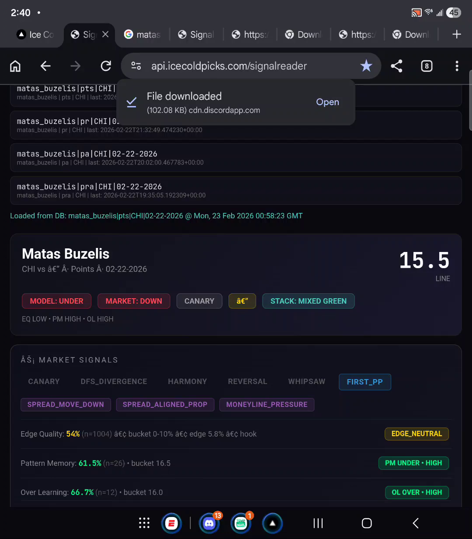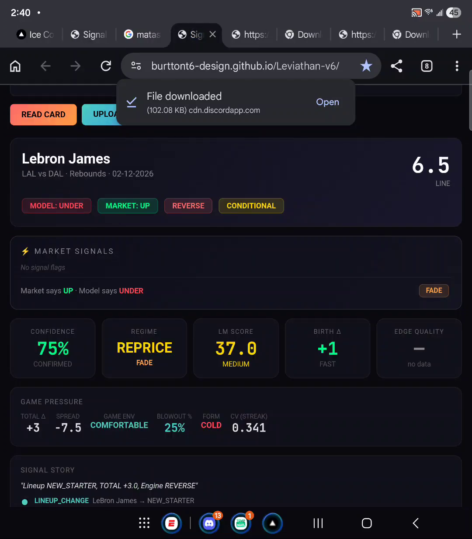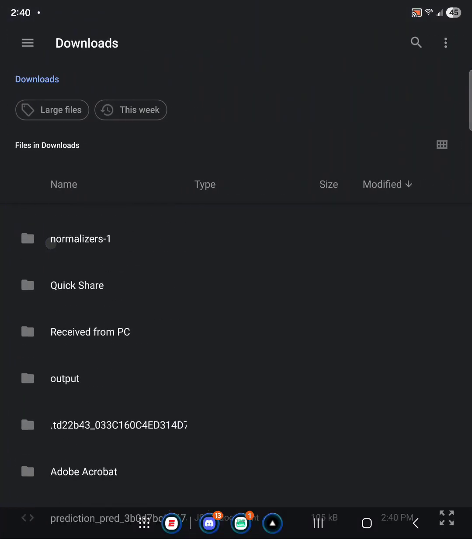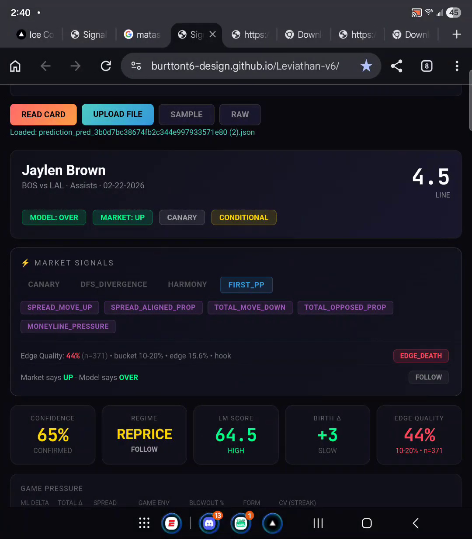So we're going to take that file, right? And I'm going to show you two things here. I'm going to show you the difference between the premium and the website. And just to let you guys know, you don't need both to be able to tell the direction. Or I shouldn't say that, you don't need the premium, you shouldn't feel obligated to get it to be able to tell the direction.